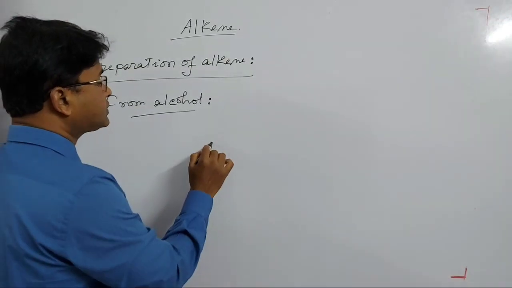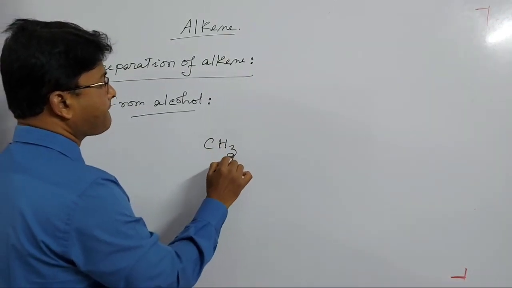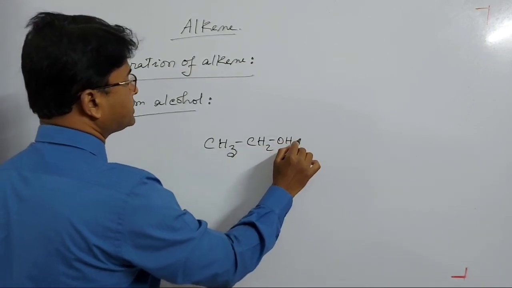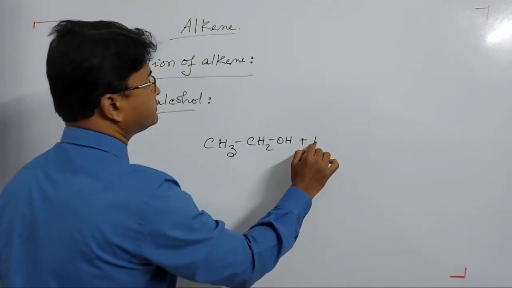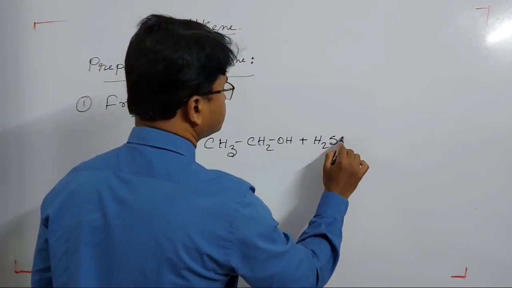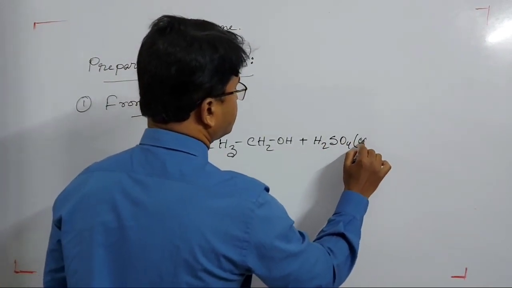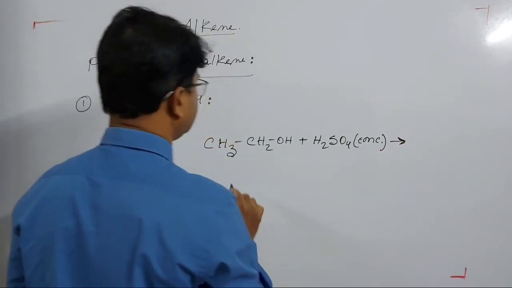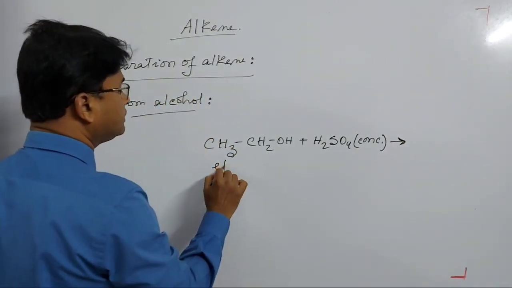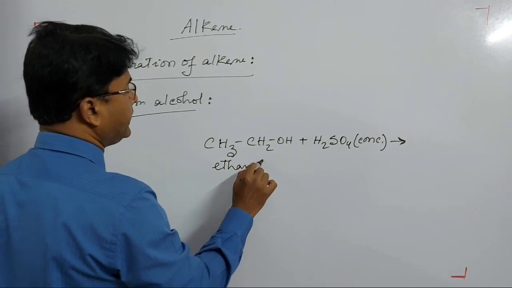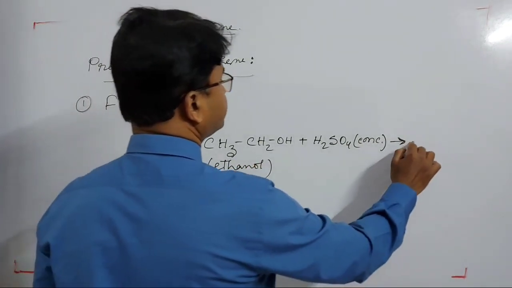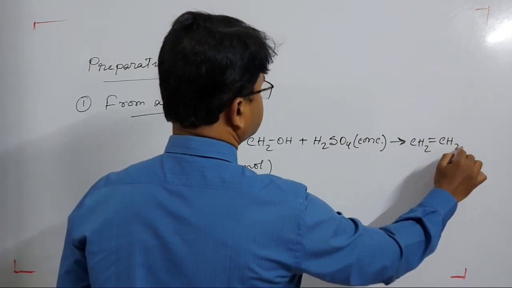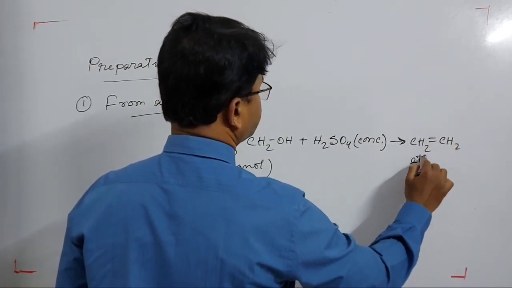Alcohol reacts with concentrated sulfuric acid to produce alkene. Here I have used ethanol as an example, and ethene is the example of alkene here.